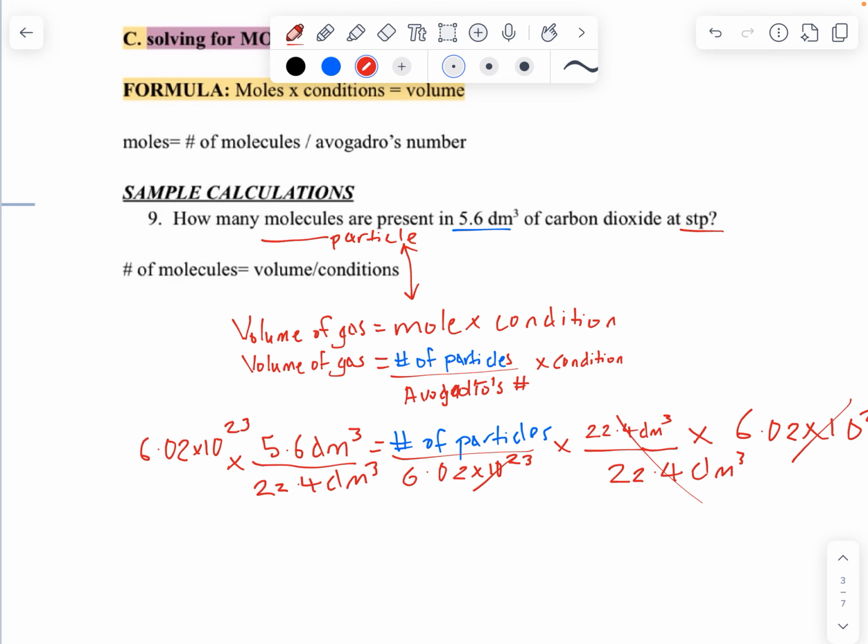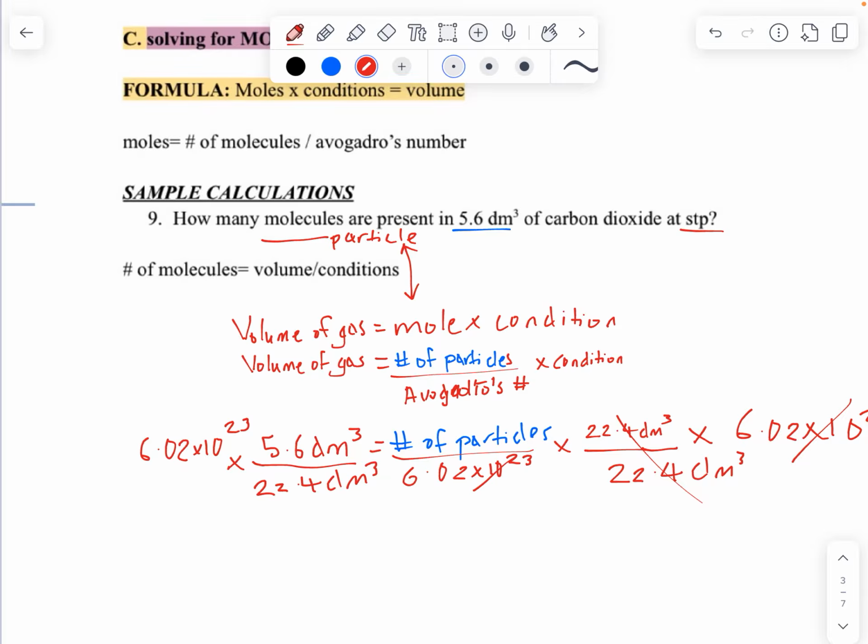So number of particles, and I'm going to use my brackets. I have my open bracket on my calculator, 6.02 times 10 to the 23rd power. If you want to get the power up top on your calculator, you can press XY, and you get your power up top, 23. Then you close your bracket again, and now we're going to multiply it by 5.6 and divide it by 22.4.